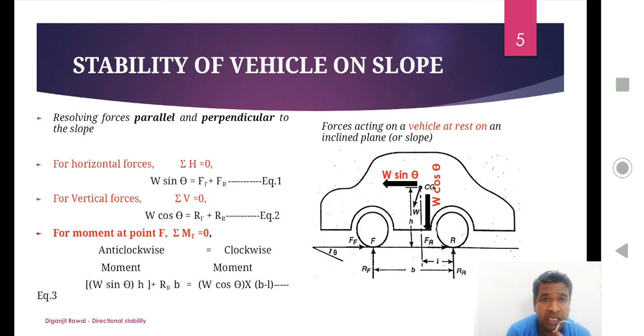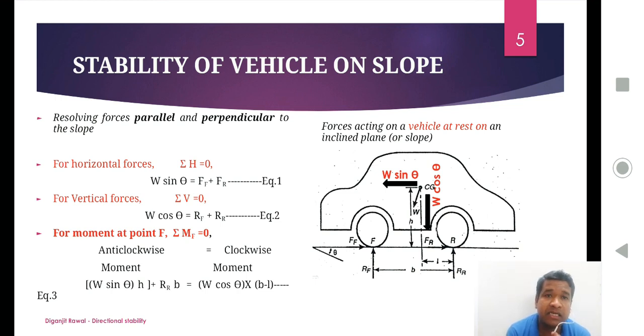Resolving forces parallel and perpendicular to the slope, for horizontal forces, summation H is equal to 0, that is, left hand side forces equal right hand side forces. On the left hand side there is only one force, W sin theta, and on the right hand side there are two forces, FF and FR. So W sin theta is equal to FF plus FR.